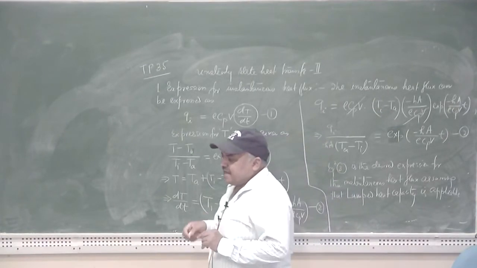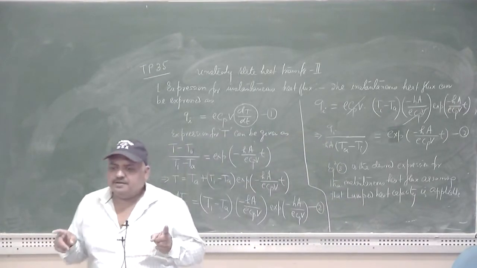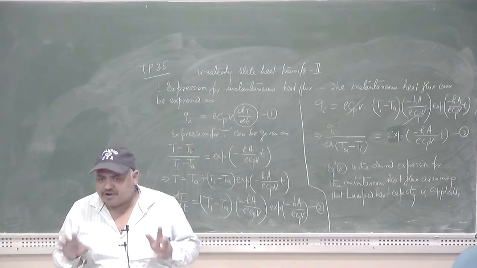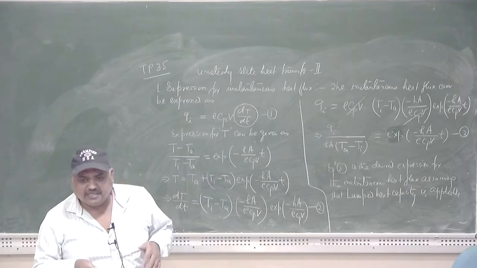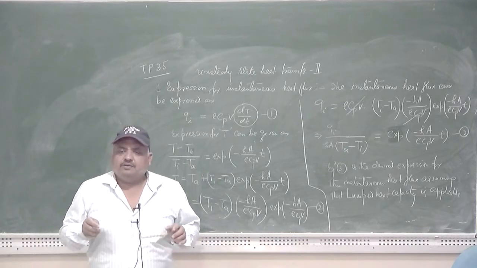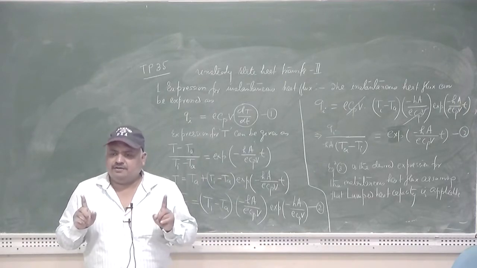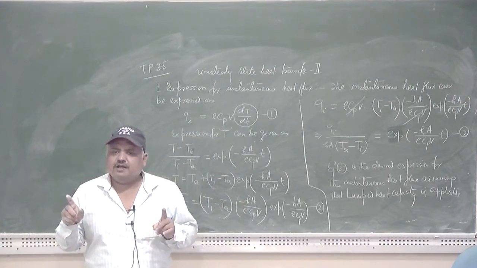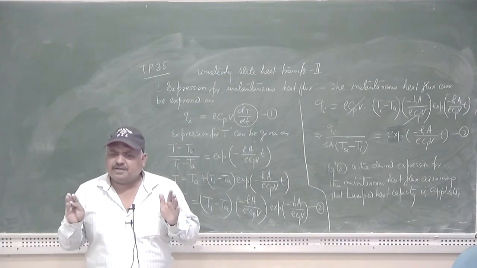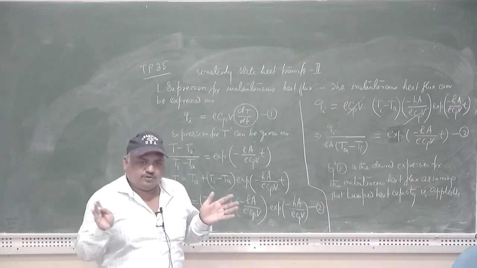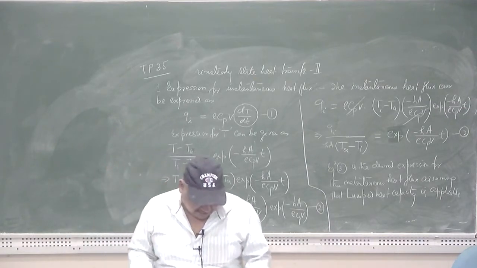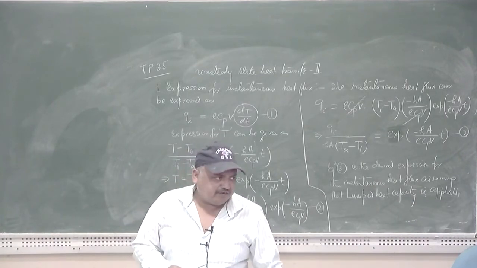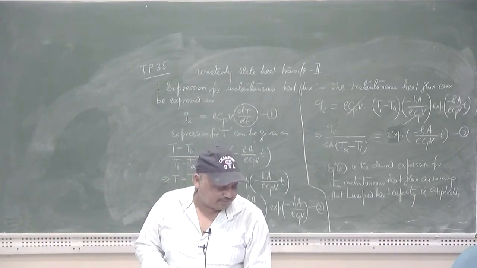The second task is to determine or to evaluate the quantity of heat lost or gained by the body from initial to T1, or between the time interval T1 to T2 where T2 is greater than T1. So the next task is the expression for finding the heat lost or gained by the body during a time interval.